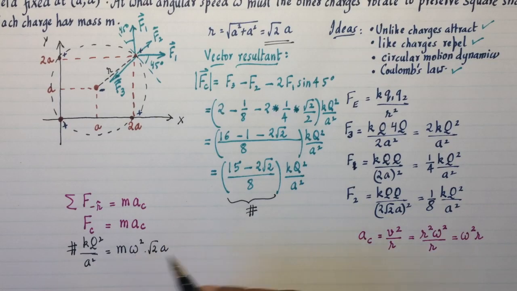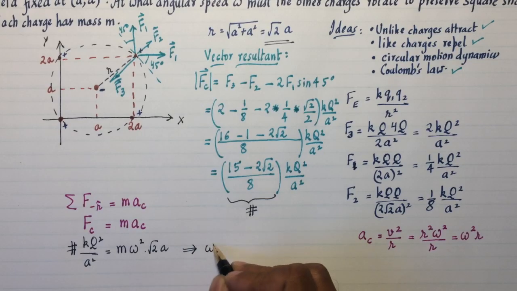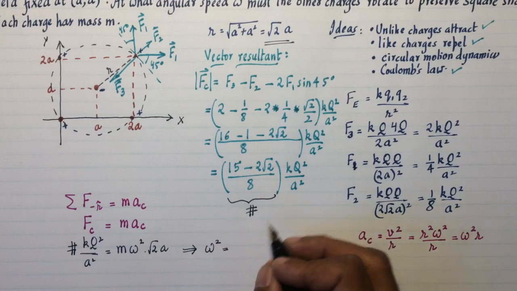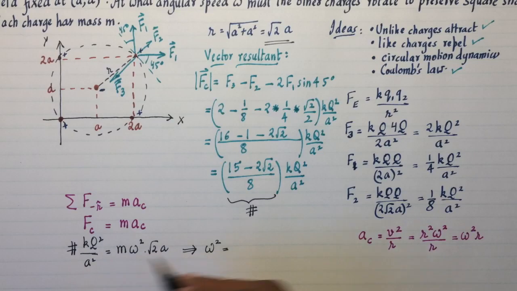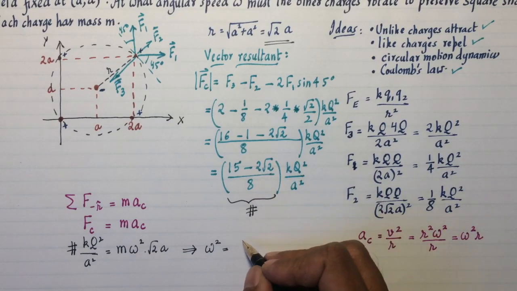So now we have to solve for omega. That gives me omega squared is this number, which I think I'll write now.